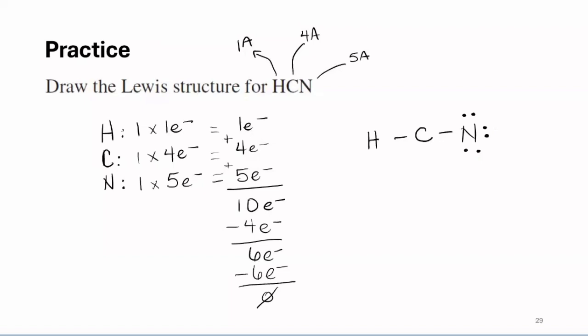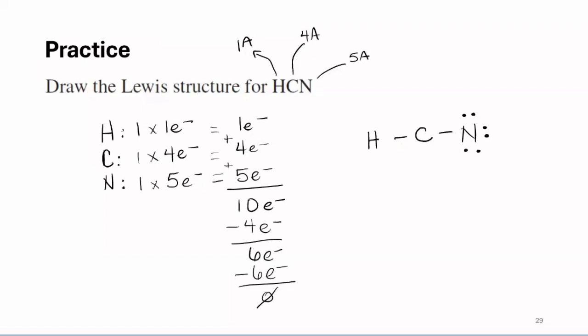In this case, since hydrogen cannot share electrons in, then nitrogen must share electrons in to share with carbon to complete carbon's octet. Carbon currently only has 4 electrons, so it needs 4 more.